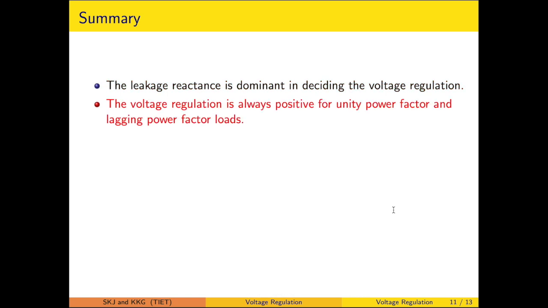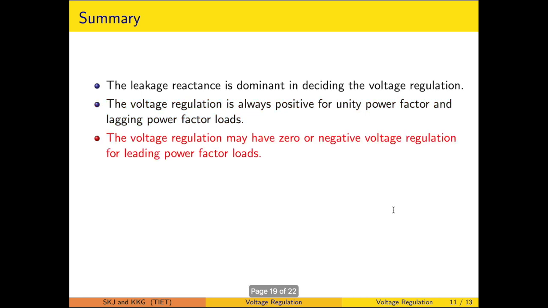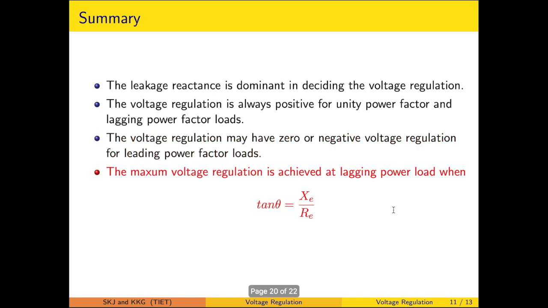The voltage regulation is always positive for the unity power factor resistive load and the lagging power factor loads. The voltage regulation may have zero or negative value for the leading power factor load, depending on the power factor. Corresponding to zero voltage regulation, we can obtain the relation where the maximum voltage regulation is achieved at the lagging power factor load, and the relationship comes out like this.